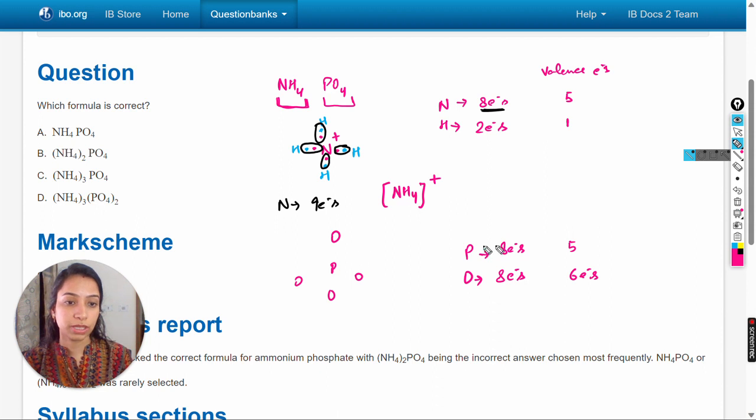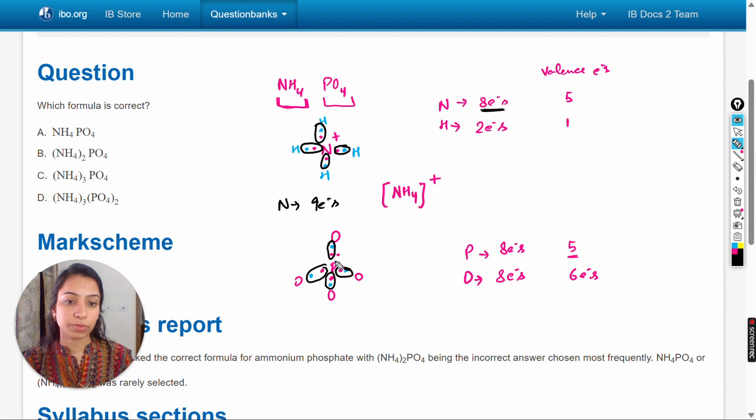So here there are 5 electrons around the phosphorus, and here firstly 4 electrons of each oxygen, because for the single bond there should be 2 electrons shared by the 2 atoms.